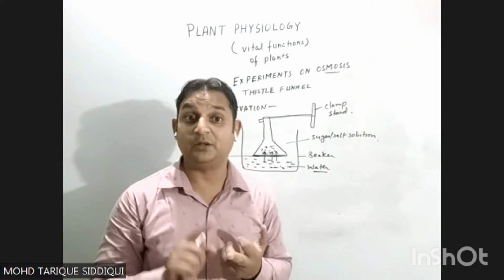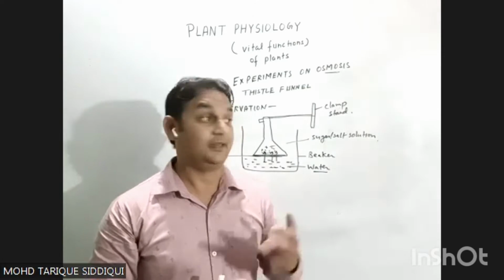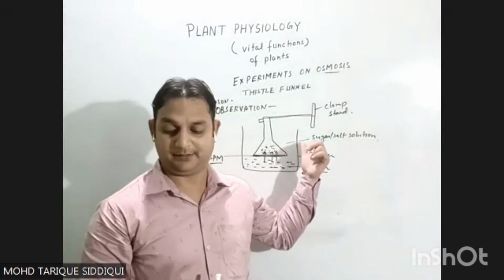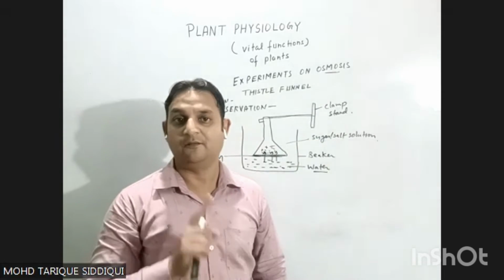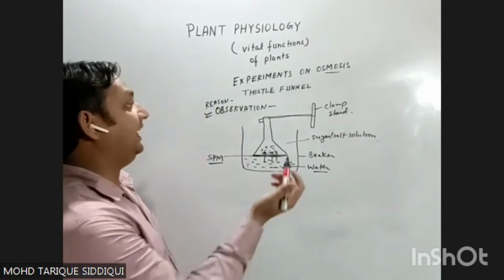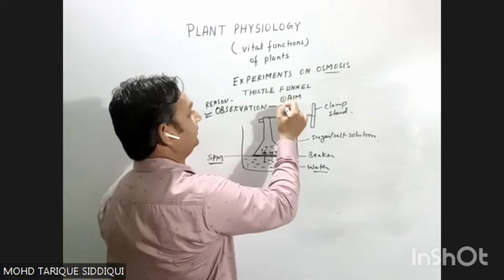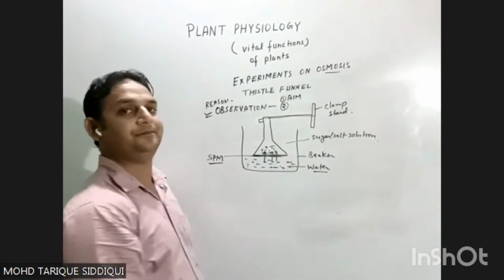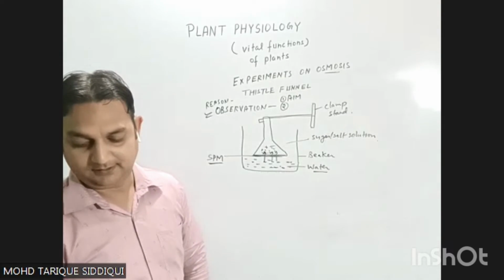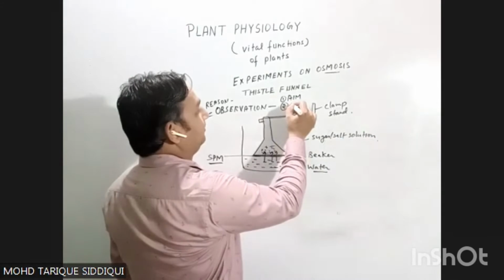Now they ask you 10 questions in ICSE regarding this. This is very important. First, write down the question: aim of the experiment. Second, name the biological process.